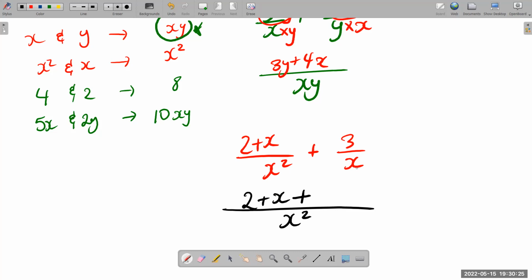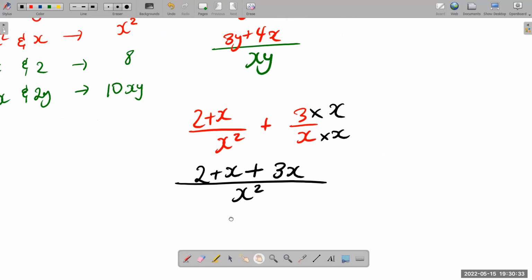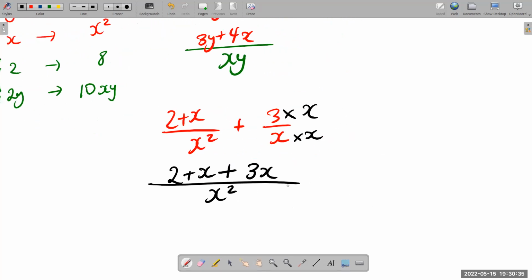Plus, how do we change x to x squared? We gotta multiply by x, top and bottom, plus 3x. Is this the final answer? Can't I add x plus 3x? So what is your really final answer? 2 plus 4x over x squared.